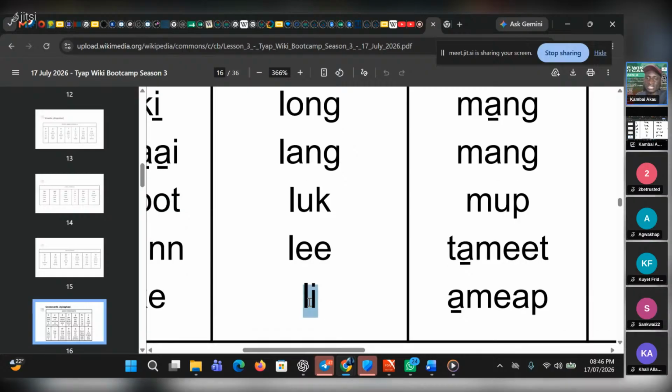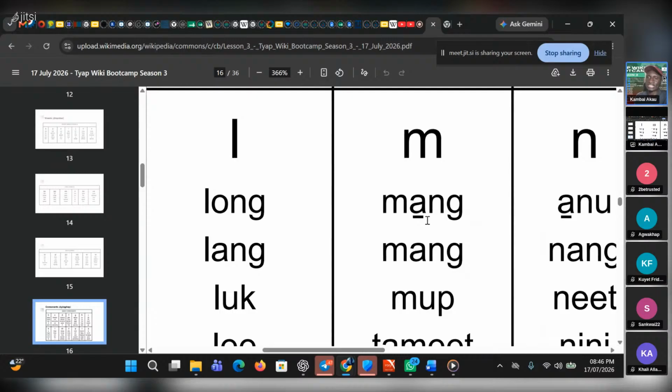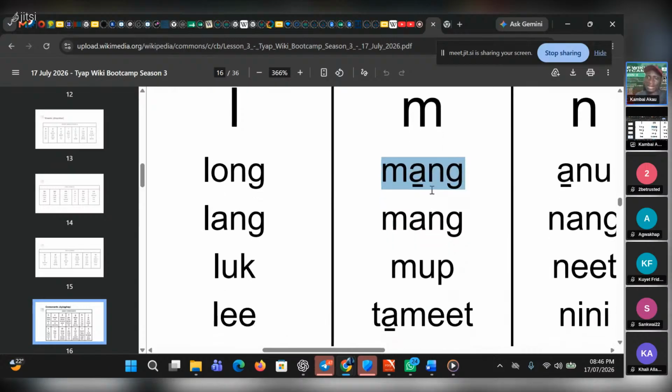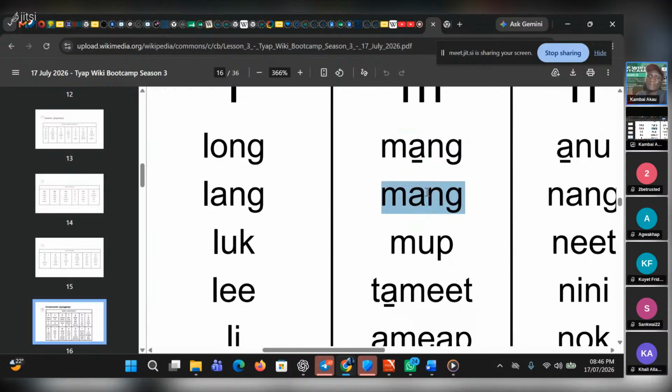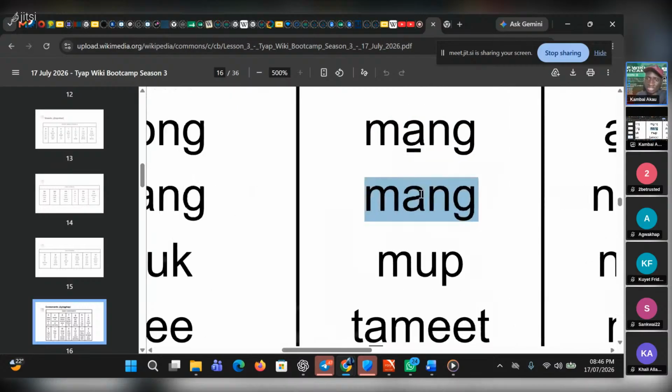And then we have li to see or other meanings as well. Then we have the m sound. So the m sound we have examples like mung, which is with, and then we have mang. So we can hear the difference between mung and mang. Mang is like shooting something, continuously shooting an arrow or a gun.